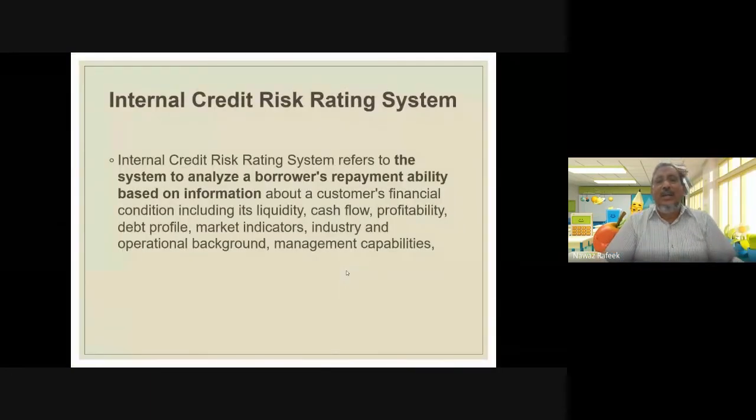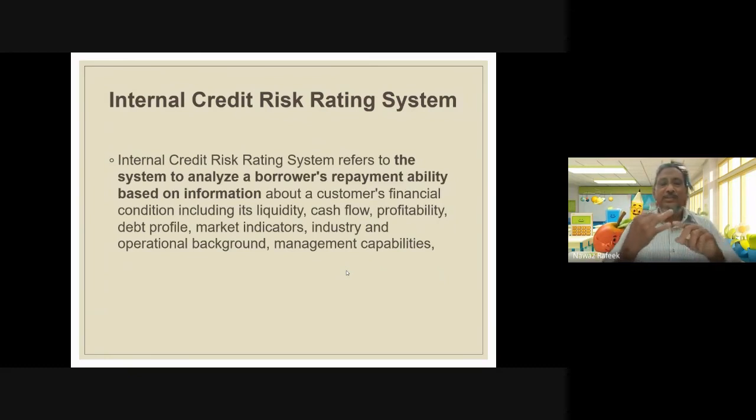What is the ICRR system? The internal credit risk rating system refers to a system to analyze the borrower's repayment ability based on information about the customer's financial condition, including liquidity, cash flow, profitability, debt profile, market indicators, industry, operational background and management capabilities.